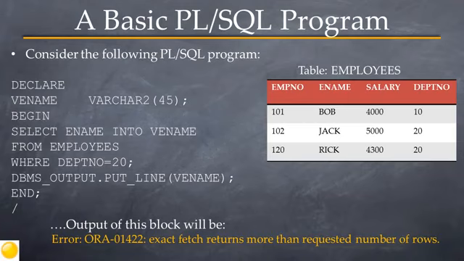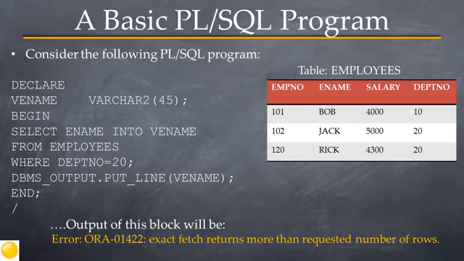Now consider the PL SQL block that has been written to display the names of the employees in department 20. The program reads as: declare VENAME varchar2(45); begin select ENAME into VENAME from employees where DEPTNO = 20; DBMS_OUTPUT.PUT_LINE(VENAME); end.